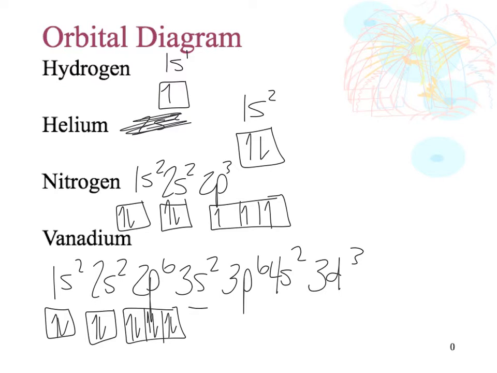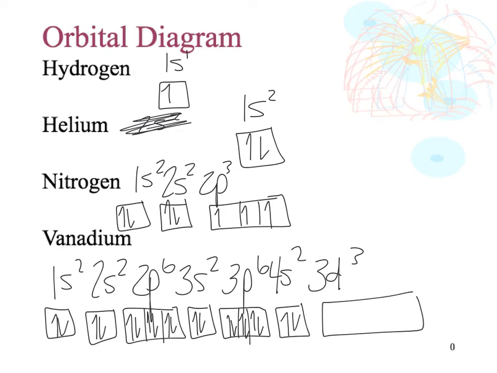I'm just drawing them like they'd fill up. 3s2, 1 up, 1 down. 3p6, draw 3 boxes. Up, up, up, down, down, down. 4s2. 3d, I'm going to draw 5 boxes because, of course, there are 5 orbitals in the d, and there are 3 electrons. 1, 2, 3.